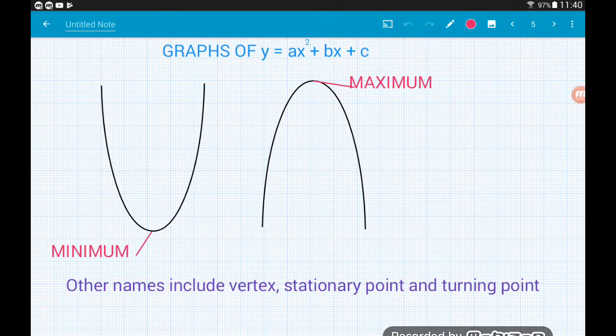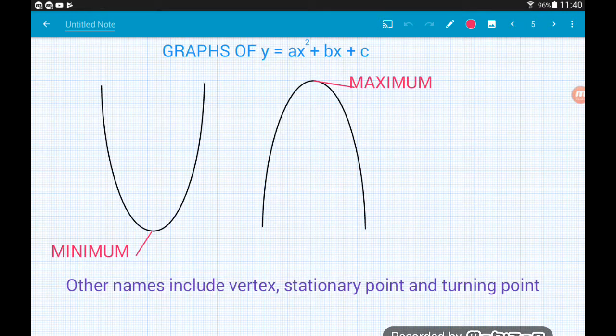Now in general, this point is also called a vertex. It's called a stationary point, or it can be called a turning point of a graph as well. But it does differ in terms of minimum and maximum depending on the happiness of our quadratic. If it's happy, again, it's a minimum.